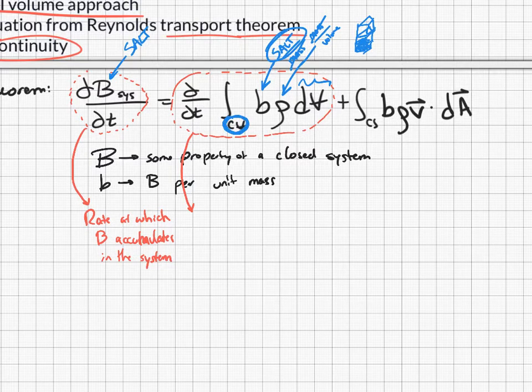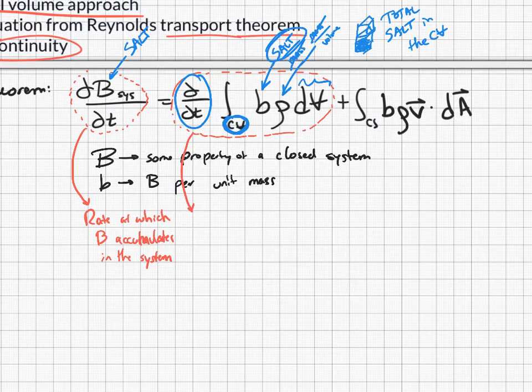So I'm going to get the total salt in the control volume. And then I'm going to do d by dt, which means I'm taking the derivative with respect to time. So I'm saying, how is the total amount of salt in the control volume changing in time? If it were salt, of course, but it's actually lowercase b.